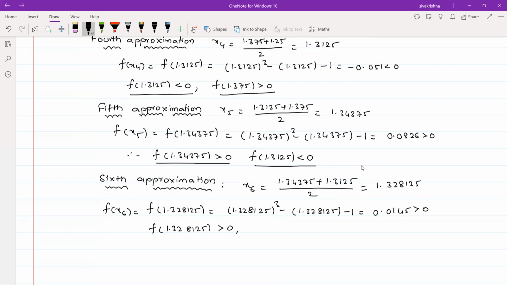From the above step, we have f of 1.3125 as a negative sign, so I am carrying that particular term in order to calculate the next approximation. Once again, I underline the two numbers which have opposite signs.